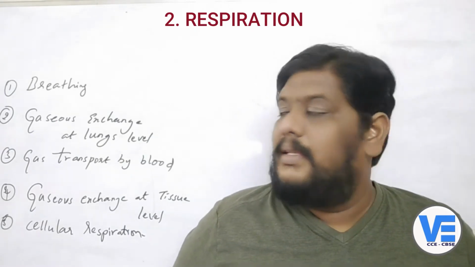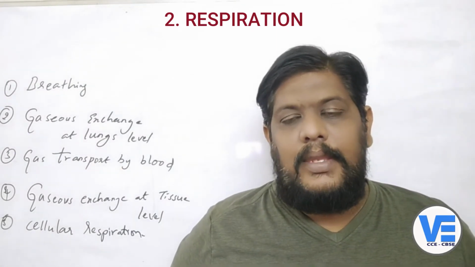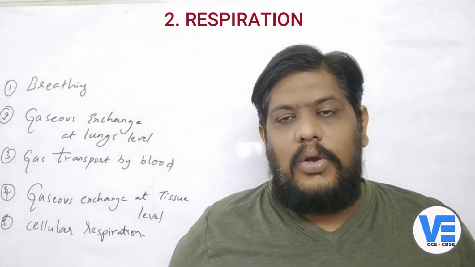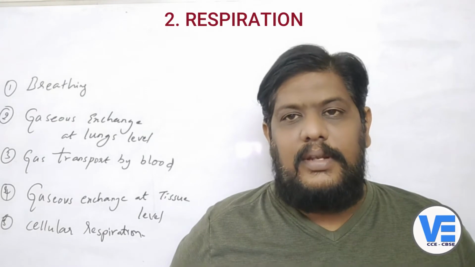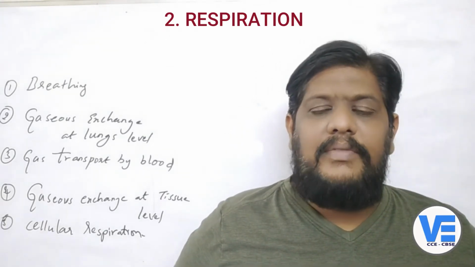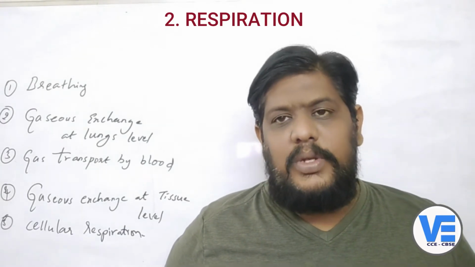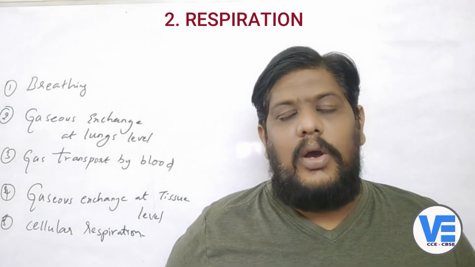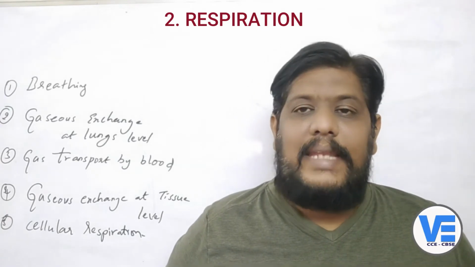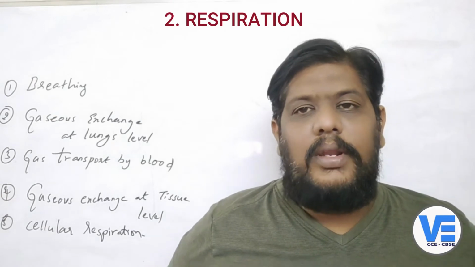The third one is gas transport by blood. The oxygen which enters the lungs, especially the alveoli, has blood capillaries attached to it, which take the oxygen and send it to the different tissues in the body.